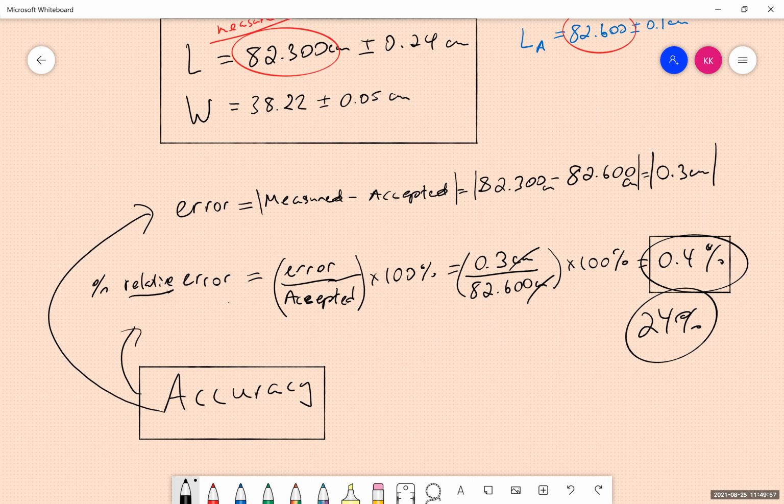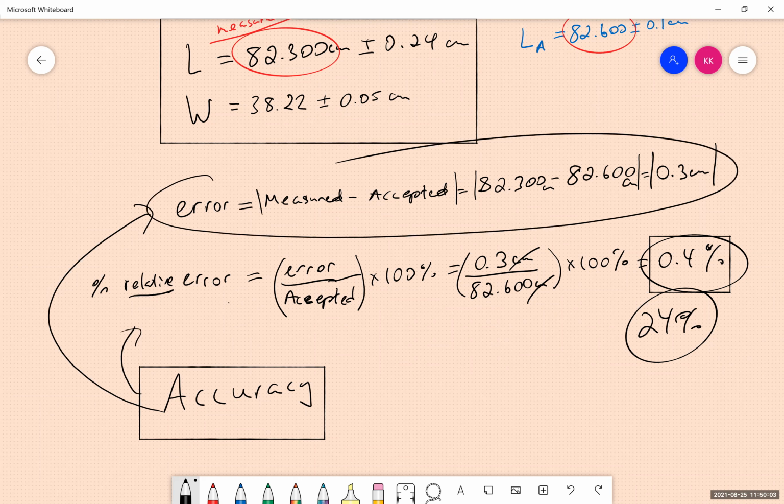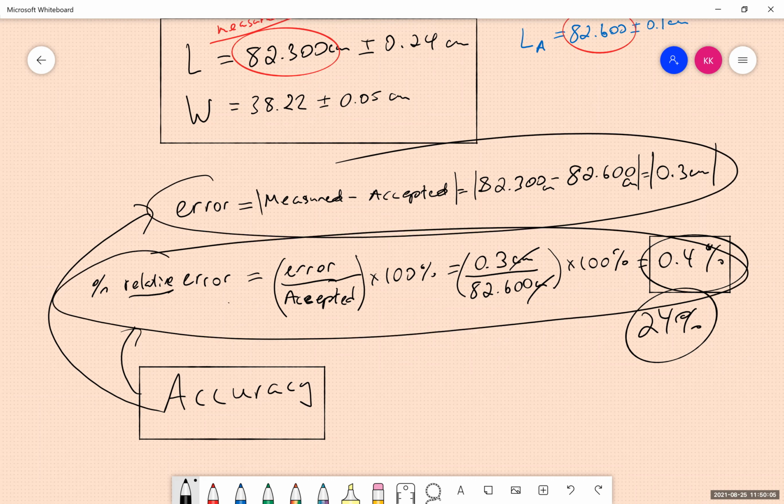And we don't just look at it, okay, here's a number, they seem close enough. No, what we do, we first find the error, and then we find the percent relative error. Using those two tools, we can then figure out if our experiment is a good experiment or not. Accuracy allows us to basically verify the experimental result.